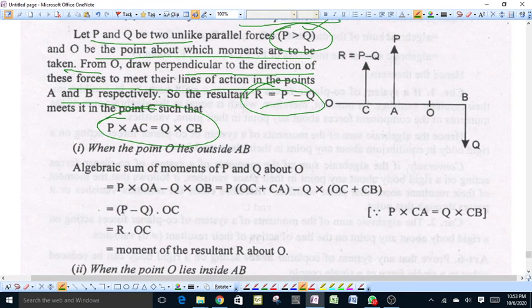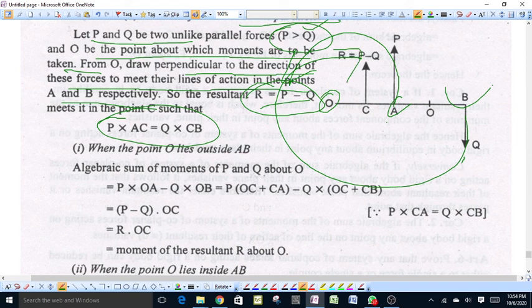Now, when O lies outside the line joining AB, suppose this is the position of O. Now the algebraic sum of moments of P and Q about O will be equal to P into its distance. The force P will produce an anti-clockwise moment about O, therefore we have taken the moment of P as positive, and the force Q of magnitude Q will produce a clockwise moment about O.